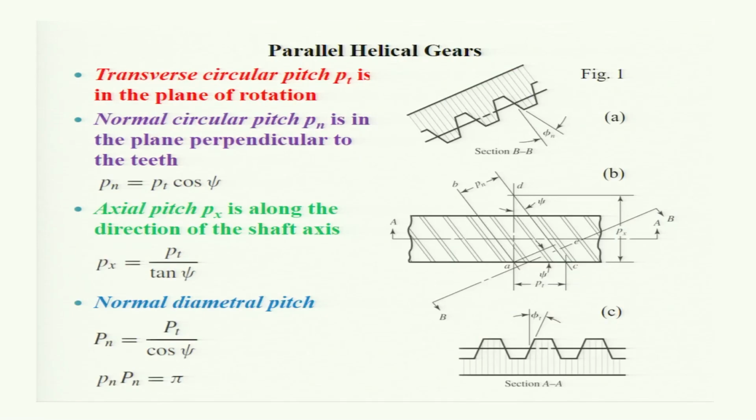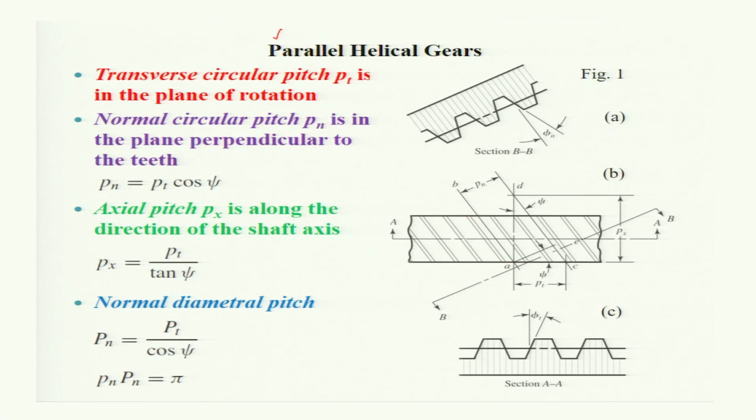Now here a section of a gear is shown, a helical gear, and that is also a parallel helical gear. This is the top view of the gear, and the teeth are shown here.